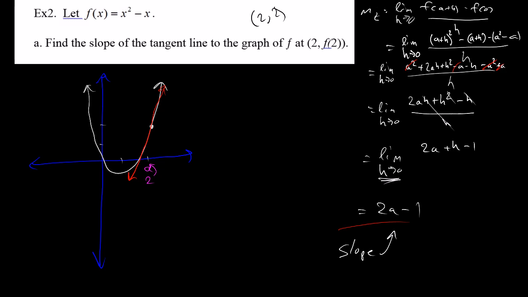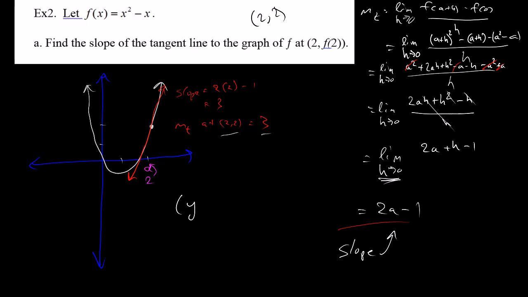So the slope of our tangent line is equal to 2 times 2 minus 1, which is equal to 3. So the slope of our tangent line at 2 comma 2 is equal to 3. So now if we want to find the equation of the line, we have a point, we have a slope.